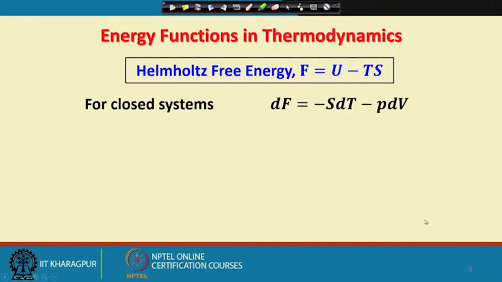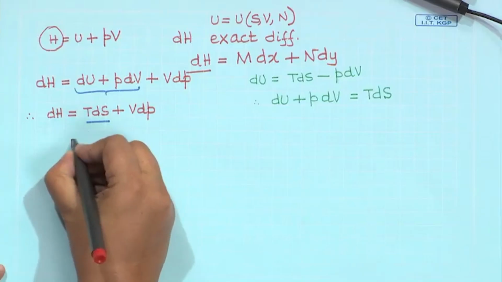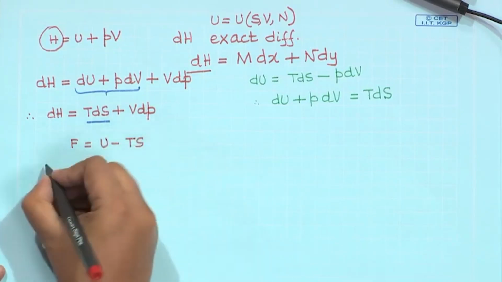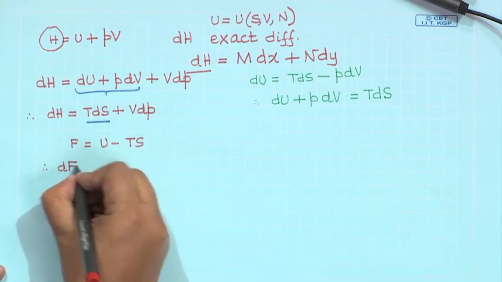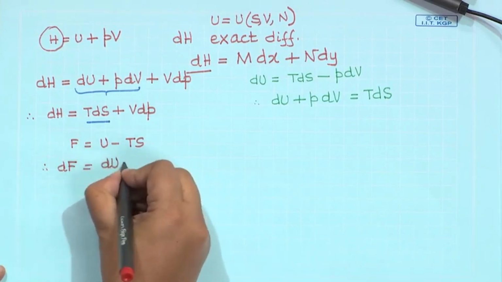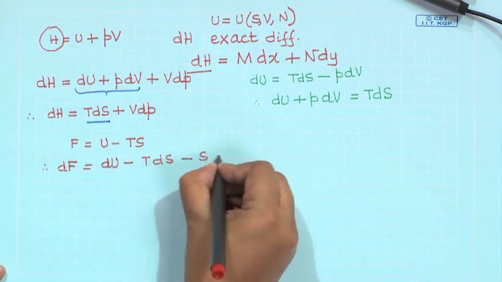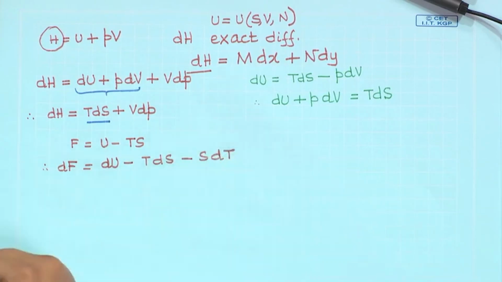Now, similarly, we can think of the Helmholtz free energy, which is defined as U minus TS, and starting from the definition, once again you can show that F is equal to U minus TS. Therefore, dF is equal to dU minus TdS minus SdT, right.